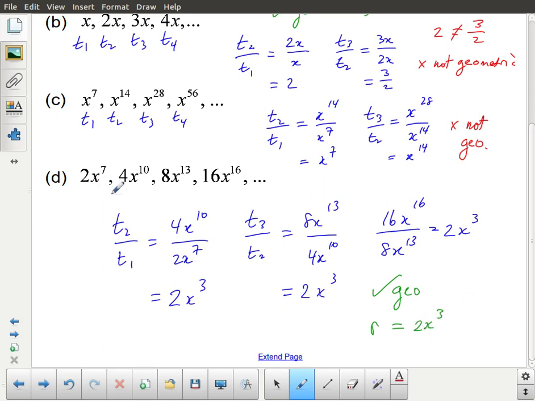That's what I multiply each time. Each time going from term to term, I am multiplying by 2x cubed. So the next term would be 16x to the 16 times 2 is 32x to the 19, for example.